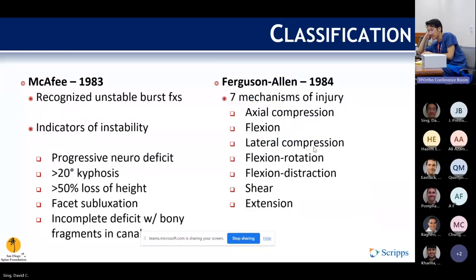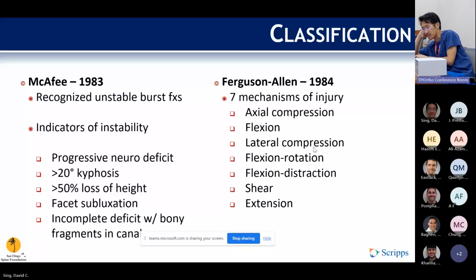Other classifications that were described in the past, recognizing unstable bursts, that they can often be gray area, looking for the instability there. This 20 degrees of kyphosis seems to have carried on through literature, although I didn't see anything specifically saying that's a hard cutoff. So these are just rough guidelines that were described, that these are what you could look for if there's any facet subluxation or incomplete deficit that has some kind of obvious bony fragment in the canal.